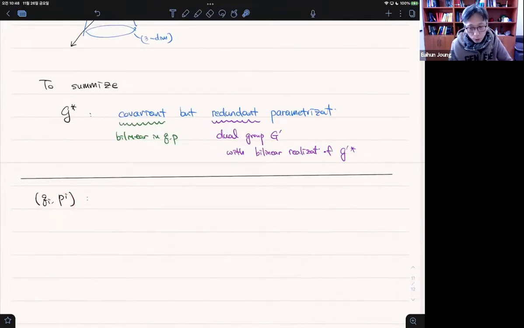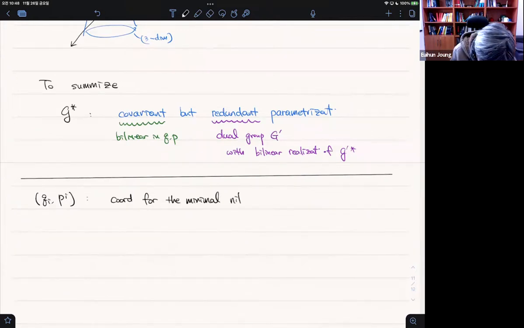So there is a natural symplectic group. What we know is that this is nothing but a good coordinate system of a nilpotent orbit of a symplectic group. Which orbit? It's the minimal orbit, the minimal nilpotent orbit.